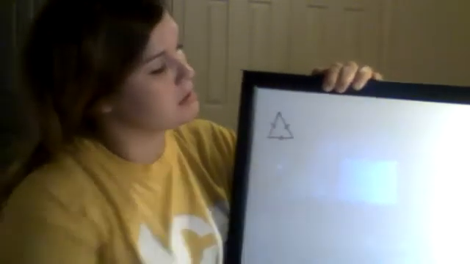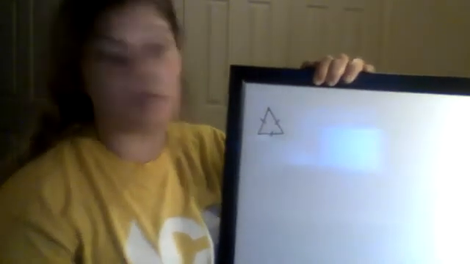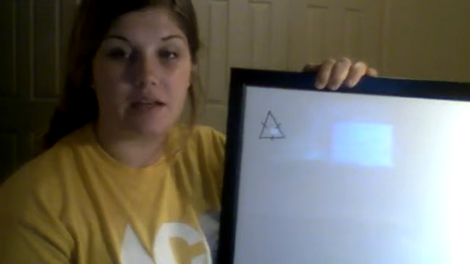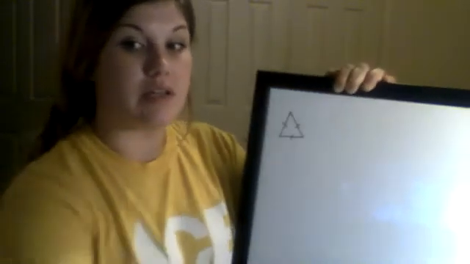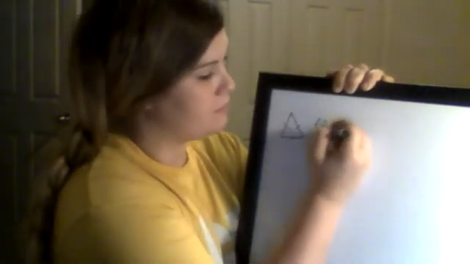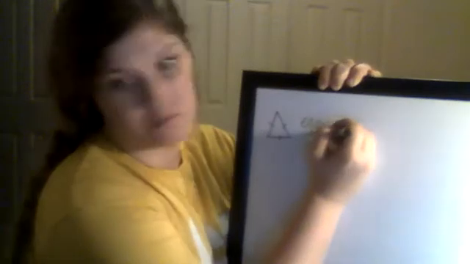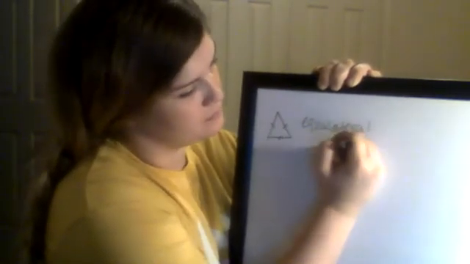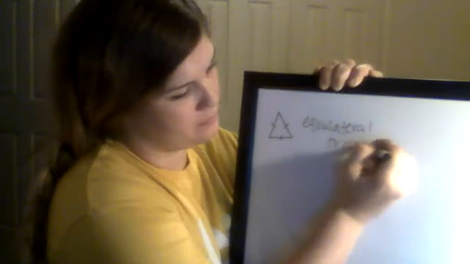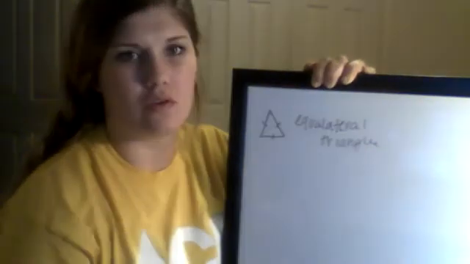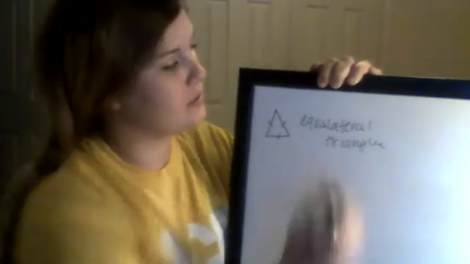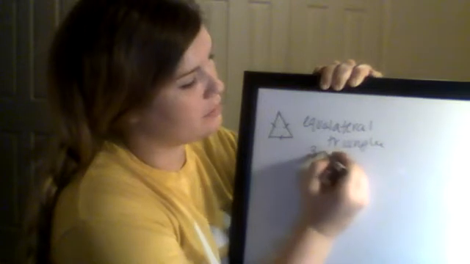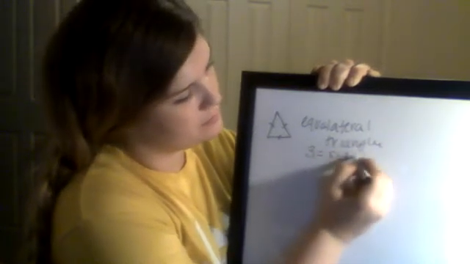Well, these tick marks all mean that the sides are the same length. So that means it would be an equilateral triangle. Okay, so an equilateral triangle means they have 3 equal sides.